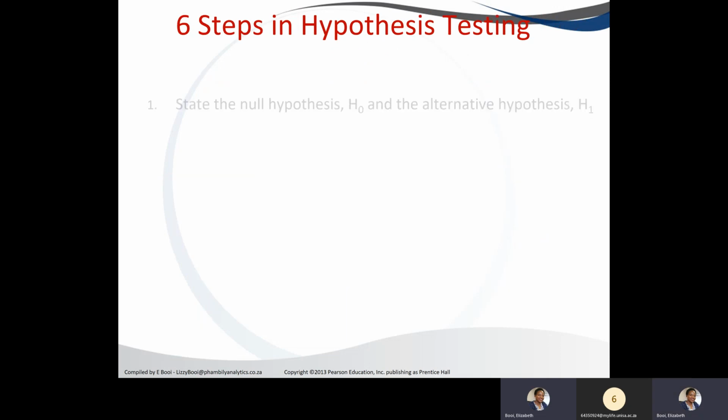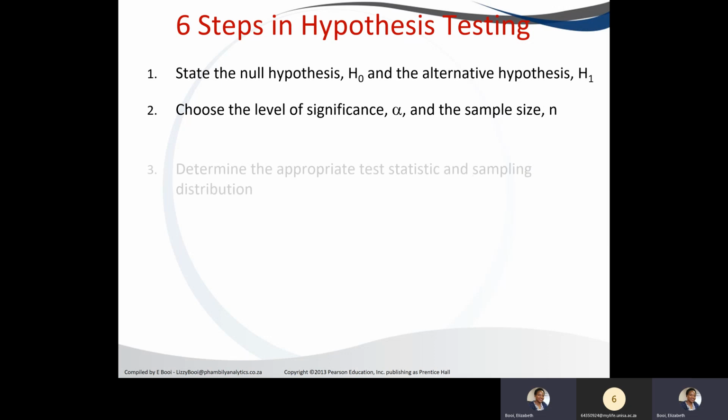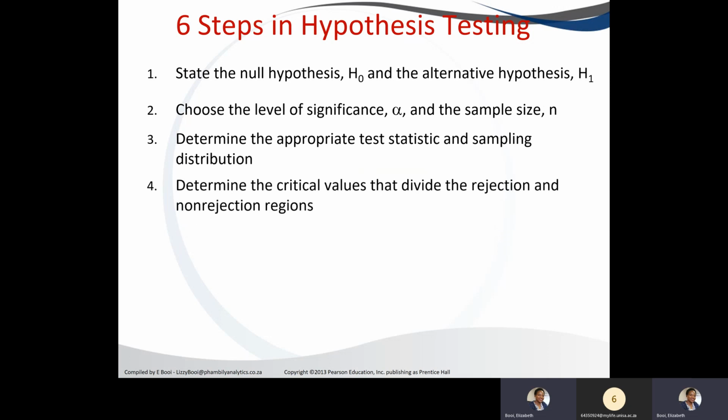So remember the 5 steps: state your null hypothesis and alternative given, and the kind of test we do. I'm just going to say it's the Z-test statistic. Determine the critical value. We're going to be using the Z, so we go to the cumulative standardized normal distribution table to find our Z critical values.